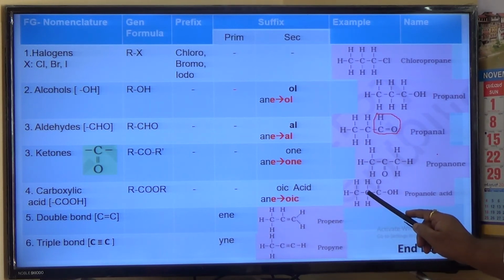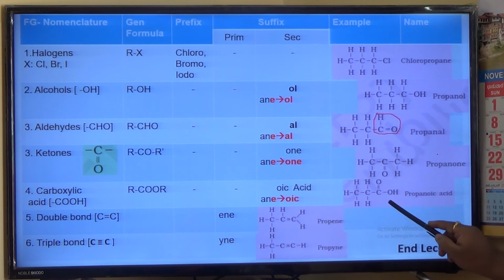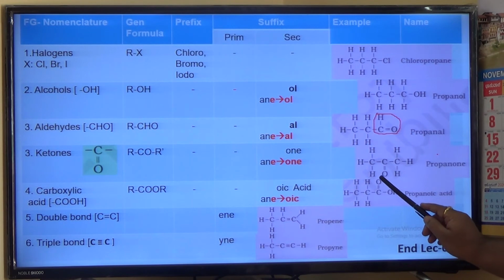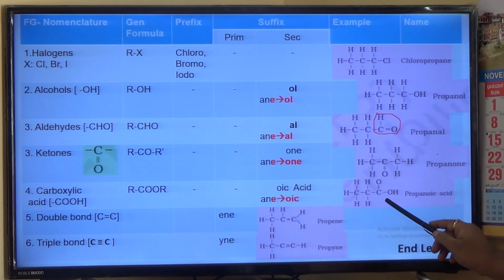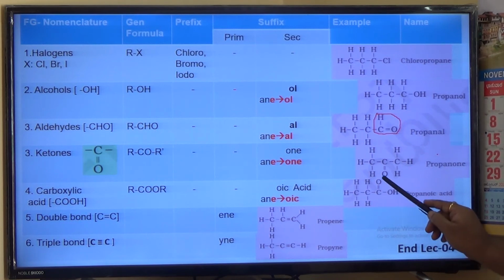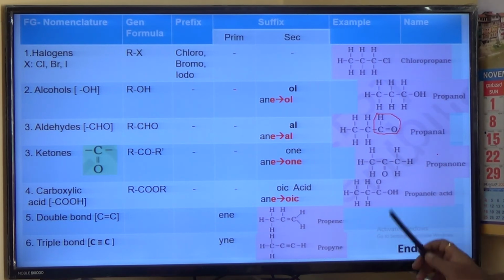Example, here let us take 3 carbon atoms, and of course on the last carbon atom we attach the double bond O and OH. We cannot read OH separately or C double bond O separately. If this is how we attach the COOH group to the carbon chain, then this entire thing is to be read as a carboxylic group. Now, the question is, how do you read this compound?